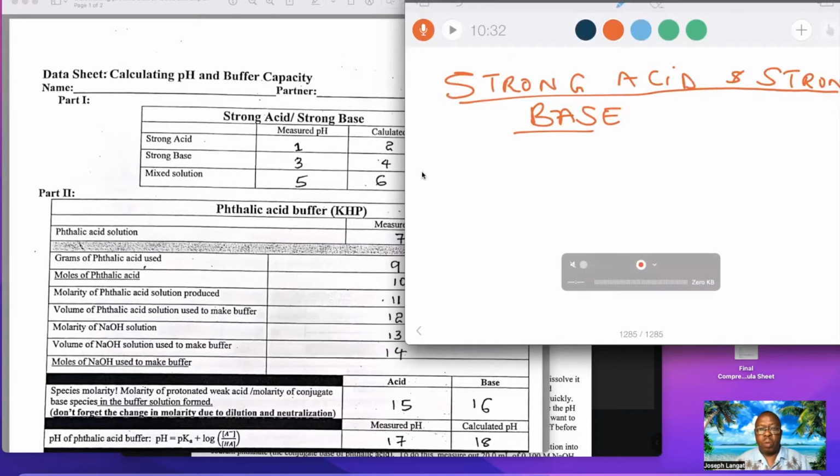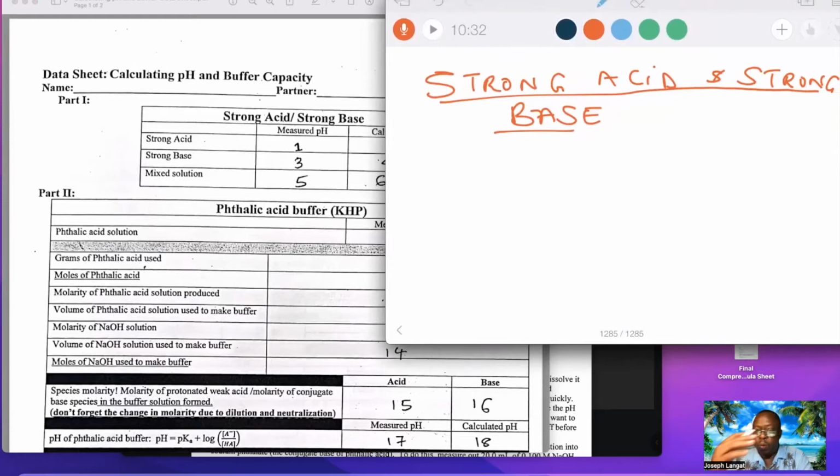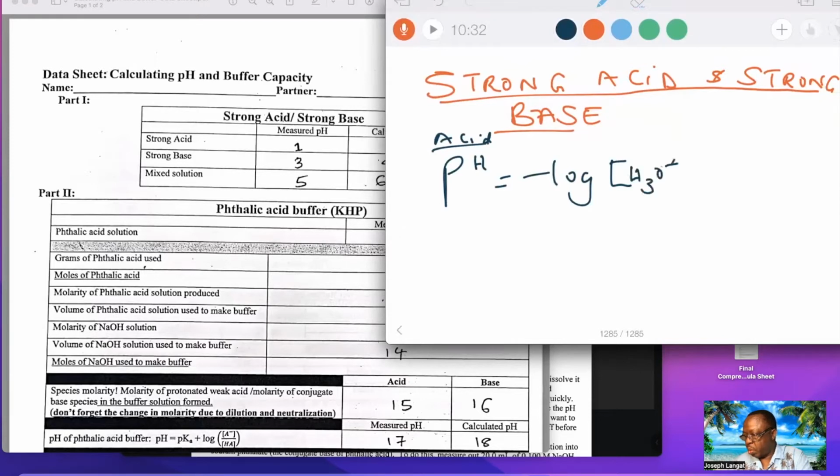How do you determine the pH of a strong acid? I don't want to go back to what constitutes strong acid, strong base, but the pH for a strong acid is given by the negative log of hydronium concentration. This is hydronium concentration, H3O+.